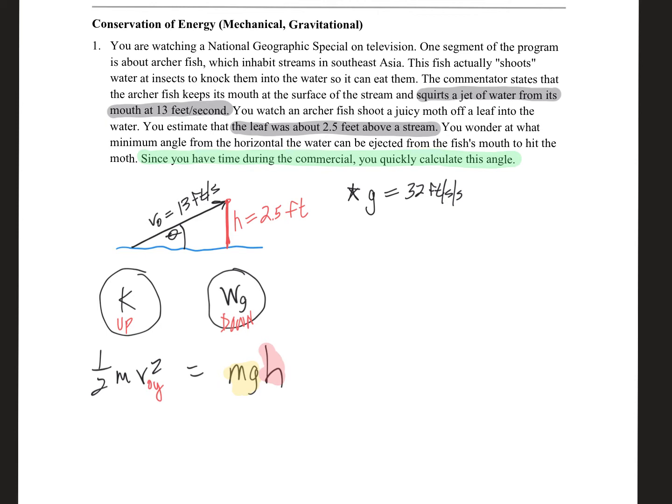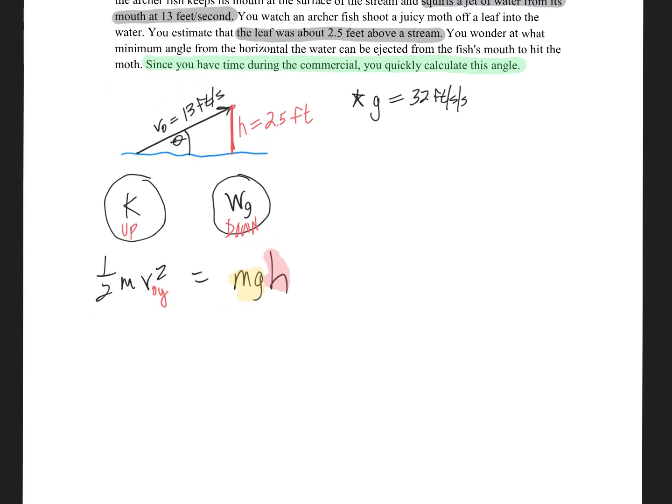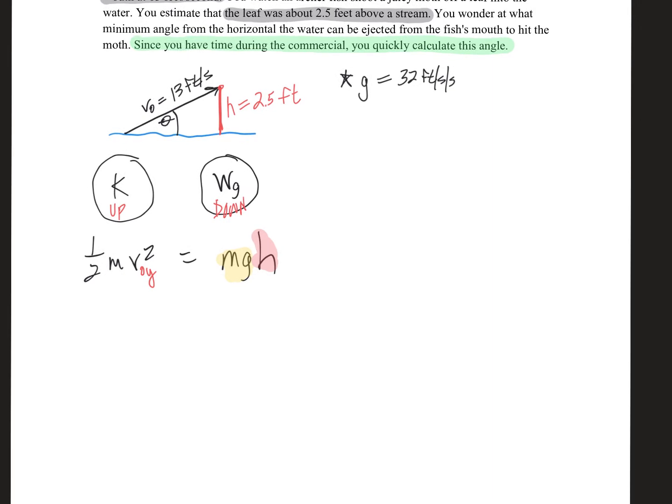And so here, there's got to be something parallel. Well, this initial velocity, 13 feet per second, is a rectangular vector. There's some x and y part to it. So since the work done by gravity is a y part, I need the speed to be a y part. And this actually turns out nicely for us, because besides the fact that the masses drop out, if I multiply both sides by 2, I get v naught y squared equals 2gh.